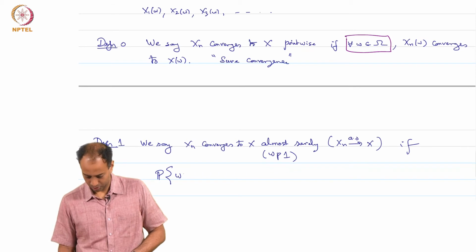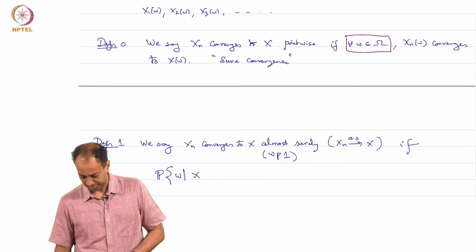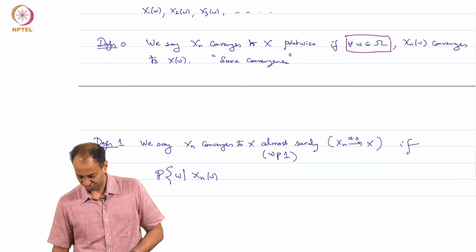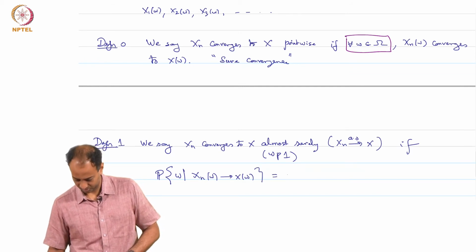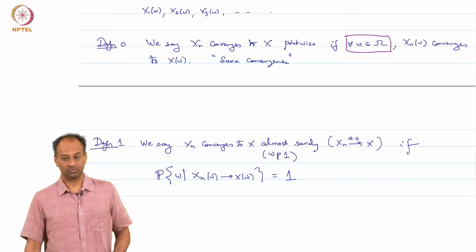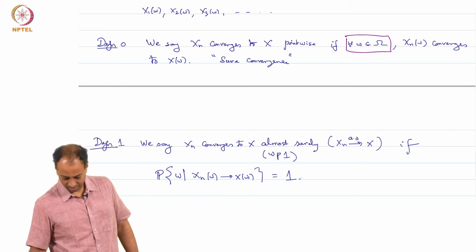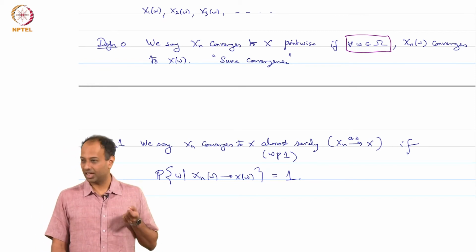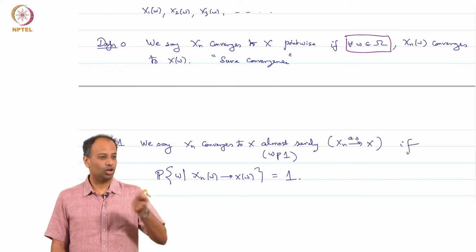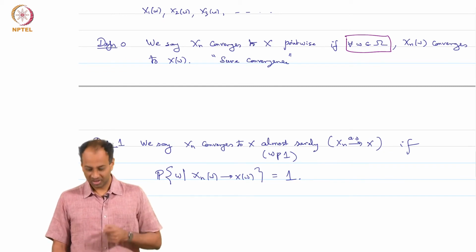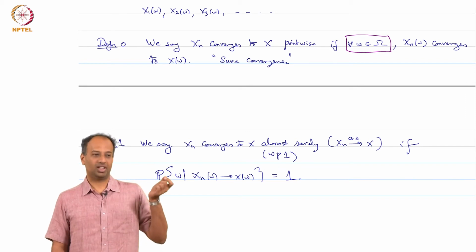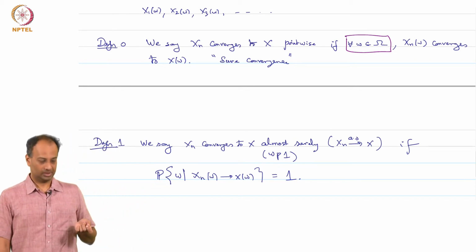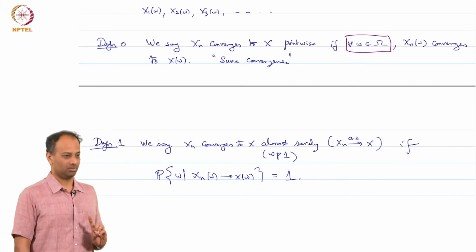the probability of those omegas for which x n of omega converges to x of omega is 1. So, you are not demanding convergence for all omega in big omega as in definition 0, you are just demanding that those omegas where this convergence does take place have probability 1.